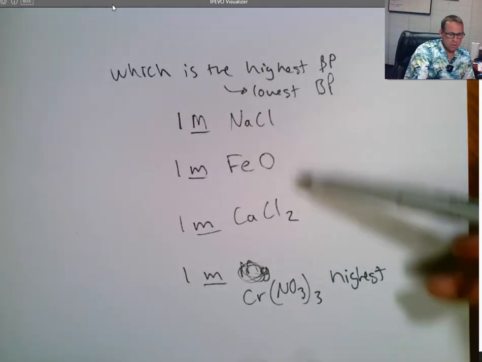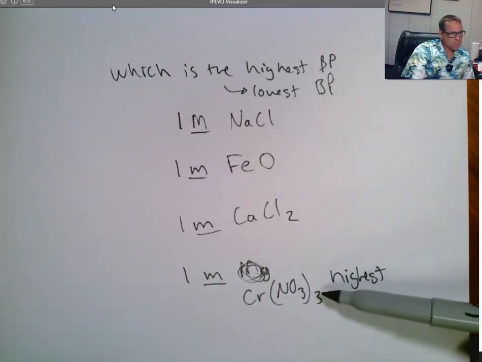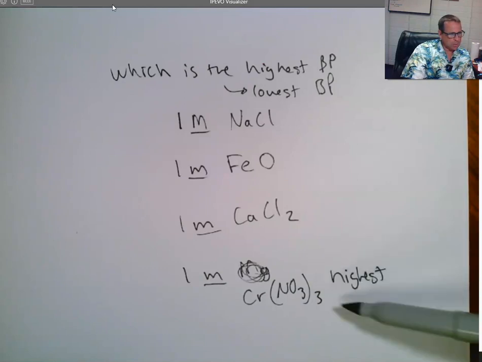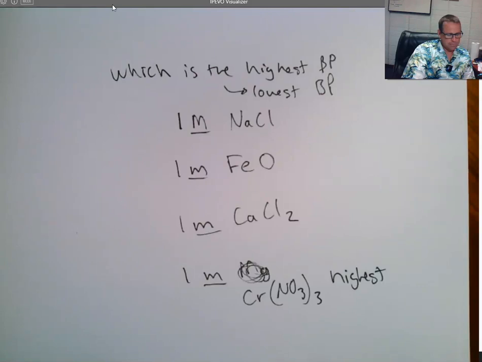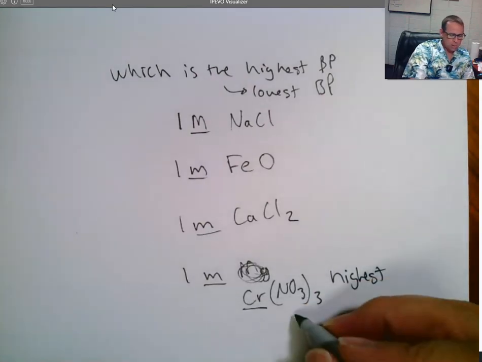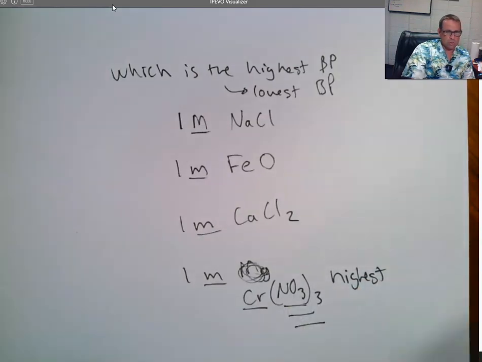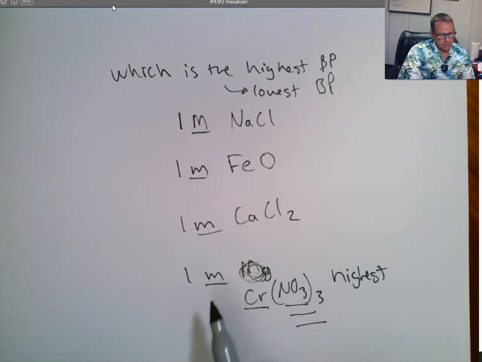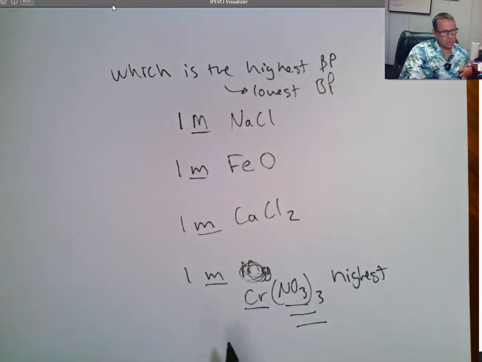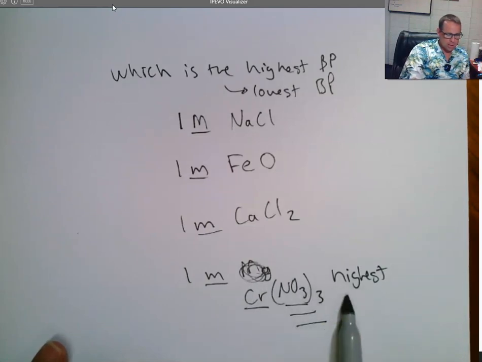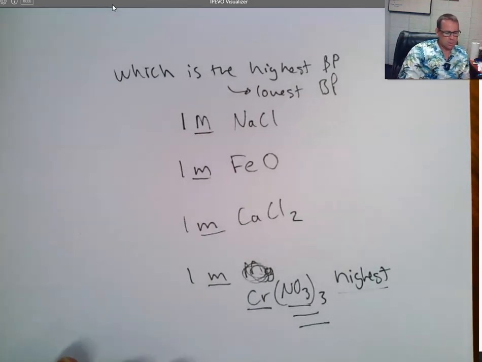So I have other salts here. Why is it that this one is the highest boiling point, Aisha? That's right. It has 1, 2, 3, 4, because there's 3 nitrate ions, 4 different ions for every material. And if I have equal concentration of these materials, then it's the highest number of ions that's going to increase the boiling point.